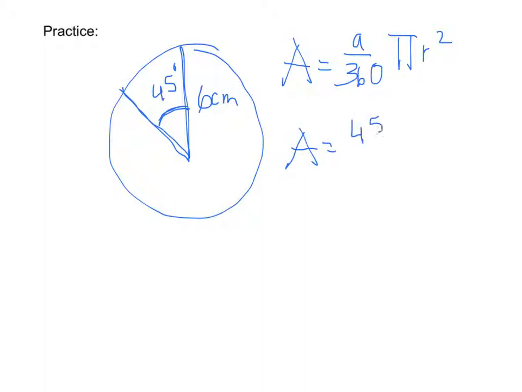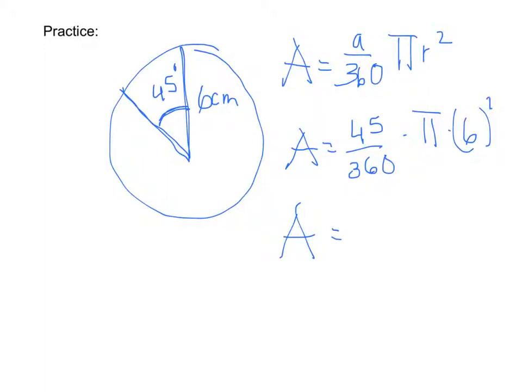So 45 over 360 times pi times 6 squared, and your best bet is just to plug this into your calculator and see what you get. So this comes out to be 9 pi over 2, or if we multiply that out, 14.137 centimeters squared.